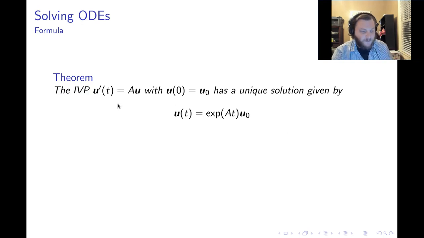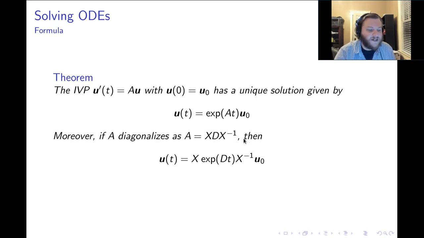What the official theorem says is that this initial value problem is uniquely solved by a single solution, vector u of t, and this equals the exponential of A times t multiplied by the constant vector u sub 0. Now, how would we use this theorem in practice?